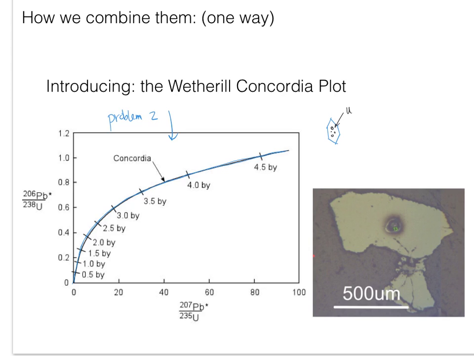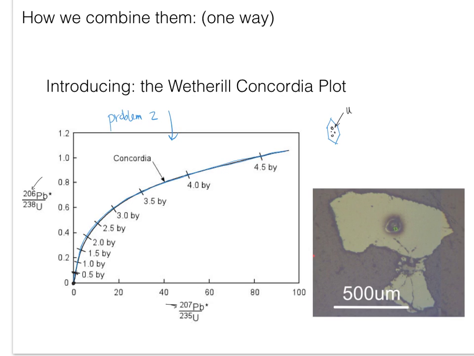So that would plot down here at 0, 0, and the ratios would be 0 because there's no lead at all. So the lead 207 and the lead 206 values are 0.